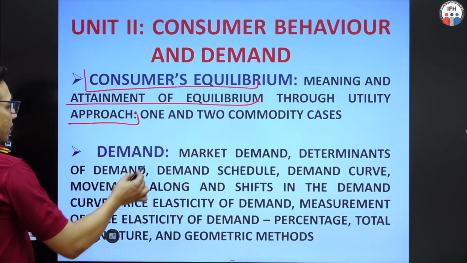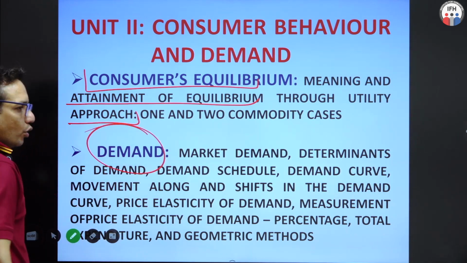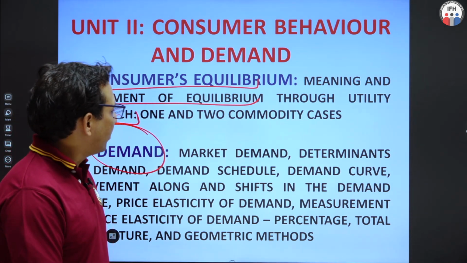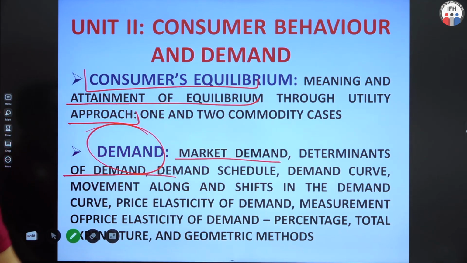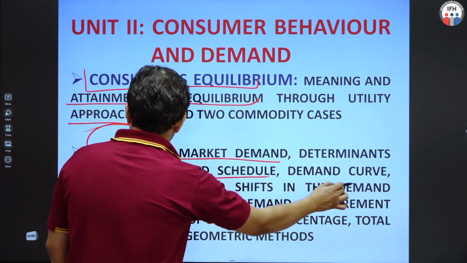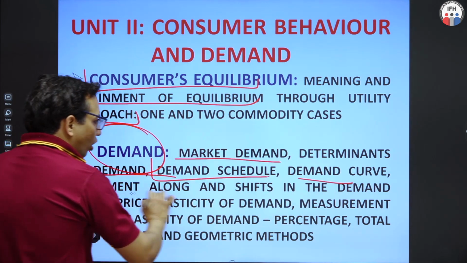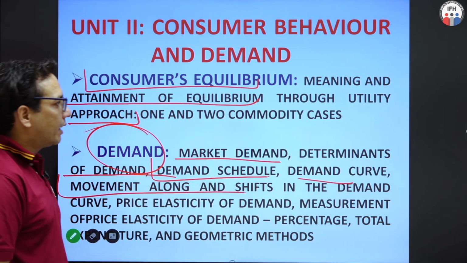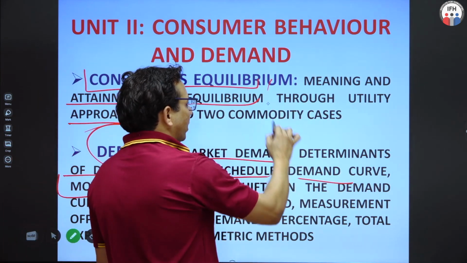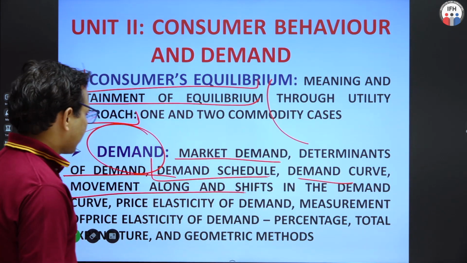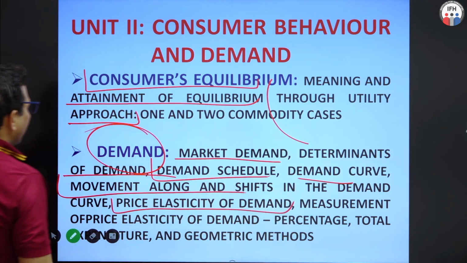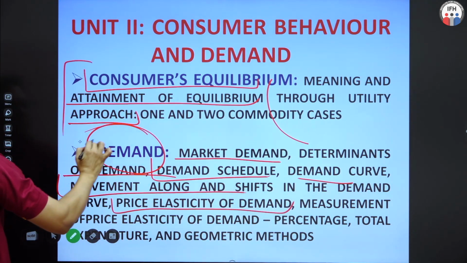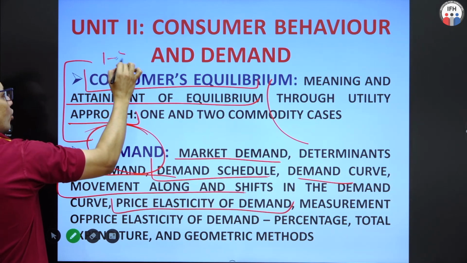Then we will also discuss demand: the theory of demand, elasticity of demand, market demand, determinants of demand, the demand schedule, the demand curve, movements and shifts in the demand curve, the supply curve, and then price elasticity of demand. From this I am expecting 1 or 2 questions.